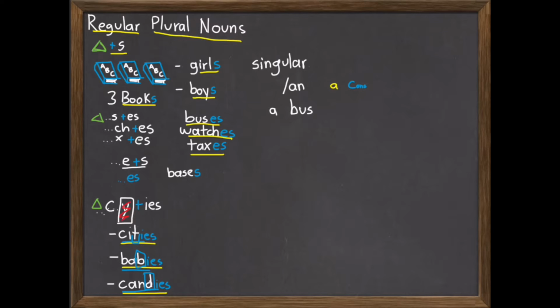Now, if it starts with a vowel, we use an. For example, address, an address, like this. So that's another rule.